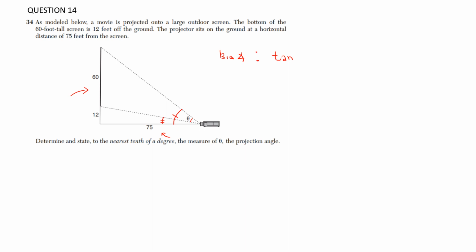We're going to have inverse tangent of, now we have SOHCAHTOA, so we have opposite over adjacent. So in this case, opposite would be 60 plus 12, right, of the large triangle. 60 plus 12 over 75, because we're doing this triangle right here.